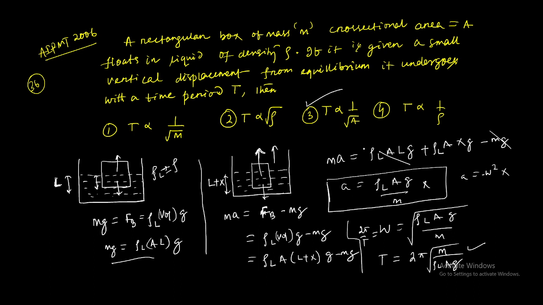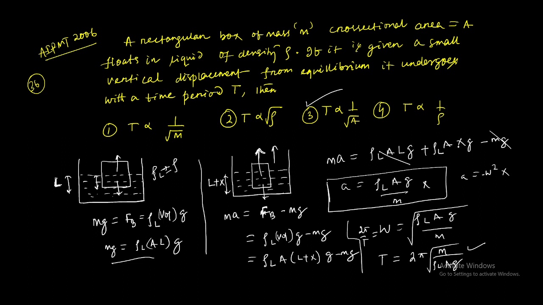So this is the actual way to do this question, but you can do this question very fast. See here, there is no contribution from mg because mg is a constant force here. Got it? So if there is no contribution from the gravitational force, mg, the acceleration will come from this buoyancy force actually.